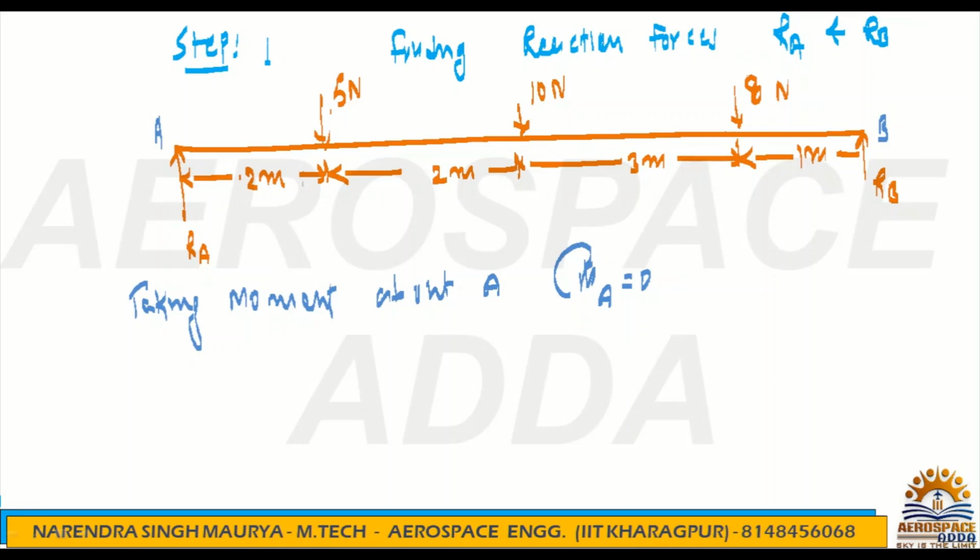That is one. Second thing, if you check the 5 Newton, about point A this 5 Newton will have a clockwise moment. How would you know it is clockwise or anti-clockwise? See the force. The force is going downwards. So we follow the direction of the force. The natural direction for this load is downward.